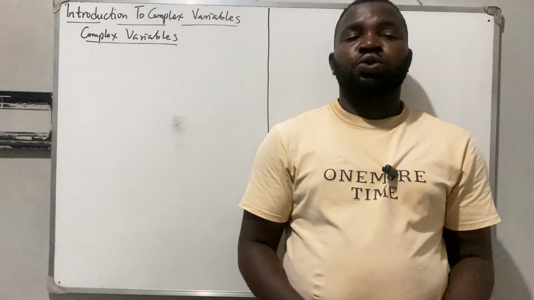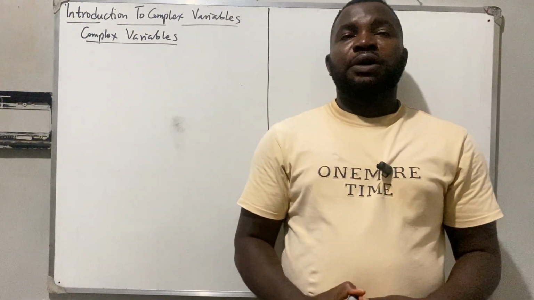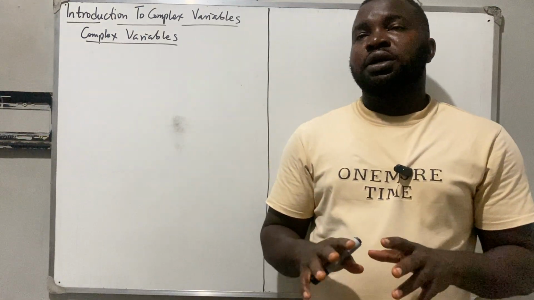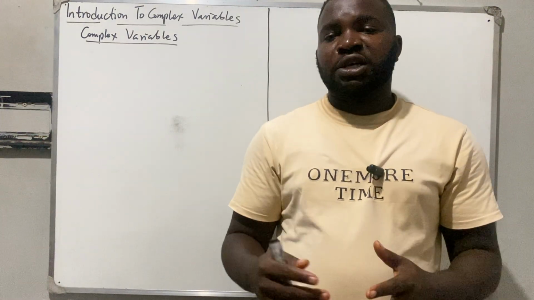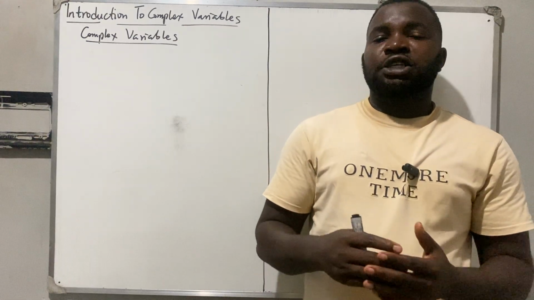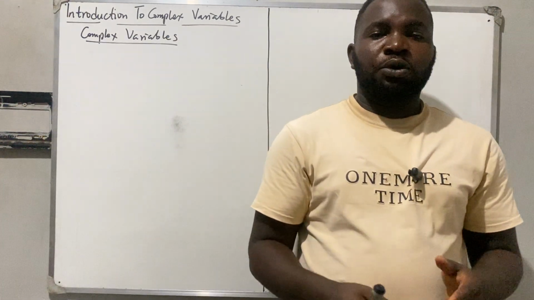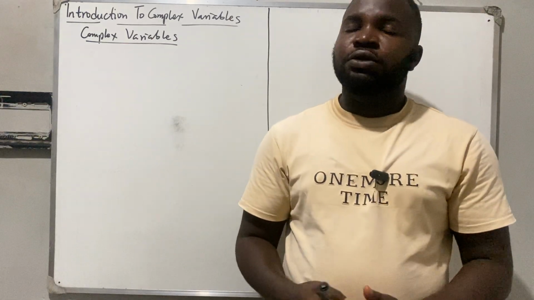A recap of what we talked about: the definition of a complex number and the forms of a complex number, how you can express a complex number in the Cartesian form, the polar form, the exponential form or the logarithm form.